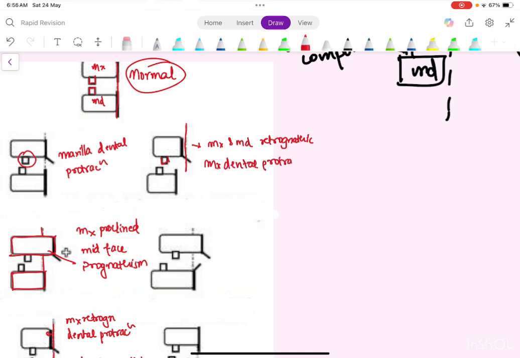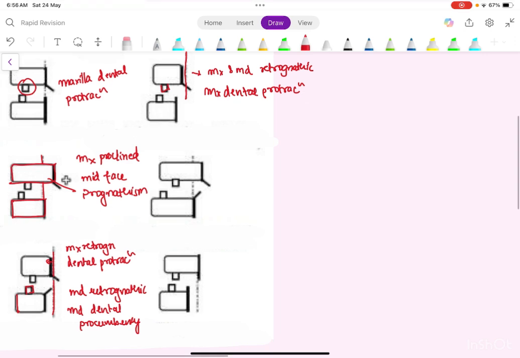Now look at the next one. The maxilla is quite ahead of the line of occlusion, so there is maxillary prognathism. The teeth of the maxilla are also in front, so it's a dental protraction. And in the mandible, there's a mandibular dental protrusion.